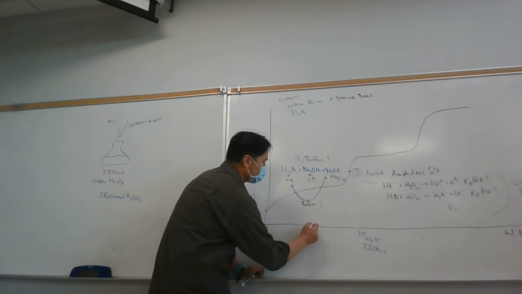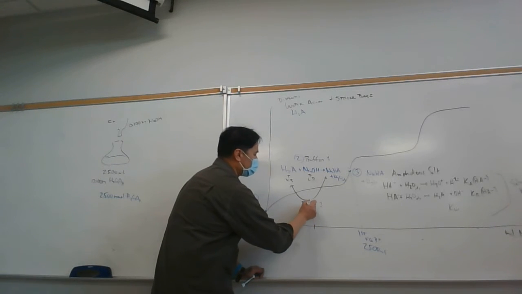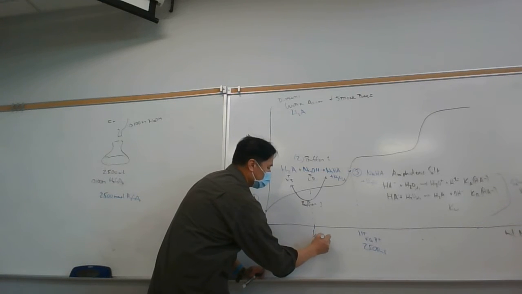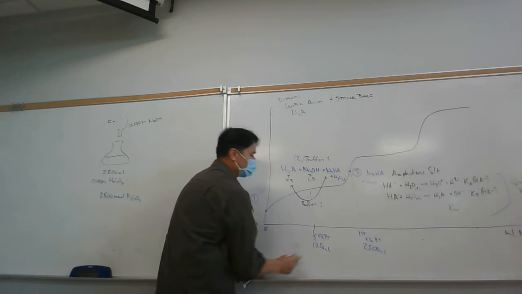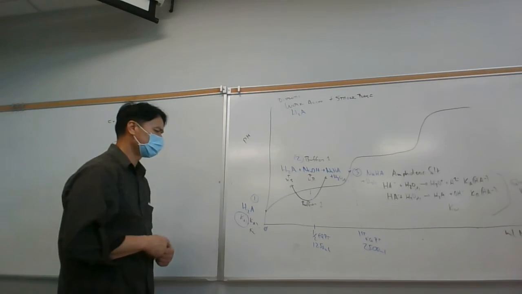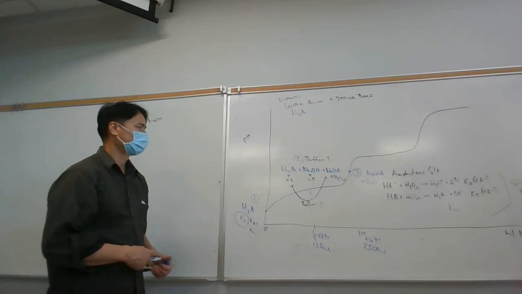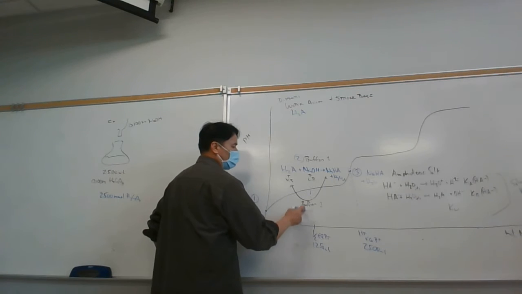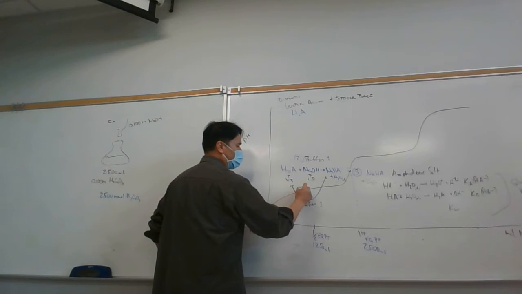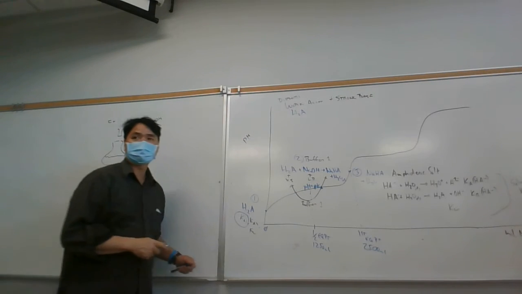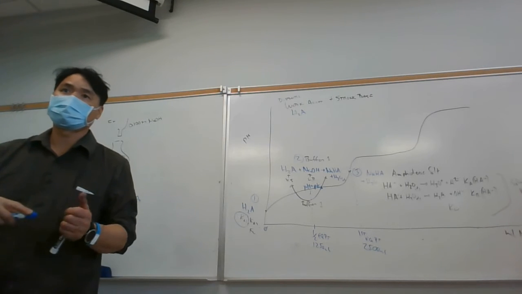And so the half equivalence point is going to come here, at 12.50 milliliters. In titrations, we always go 2 decimal places in the volumes. Well, it's easy here. The pH is easy because the pH is equal to the pKa. So at the half equivalence point, pH is equal to pKa.